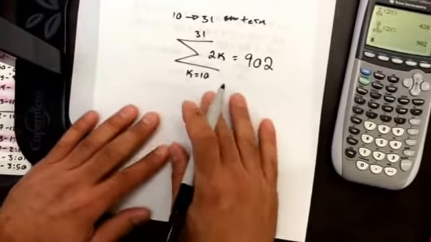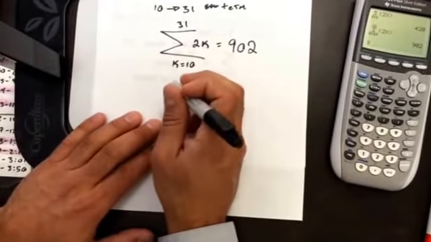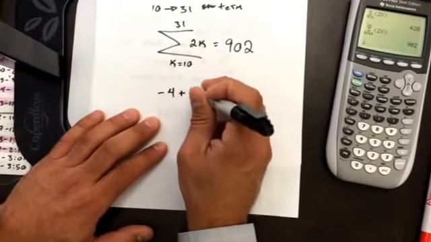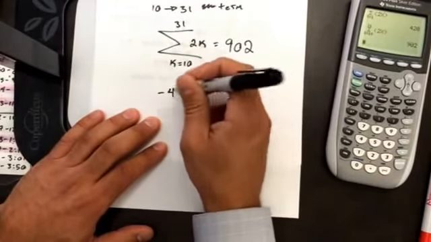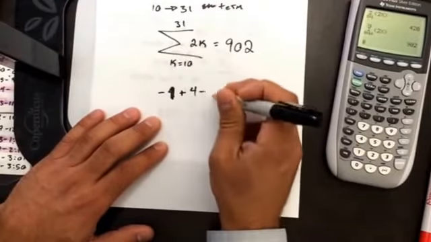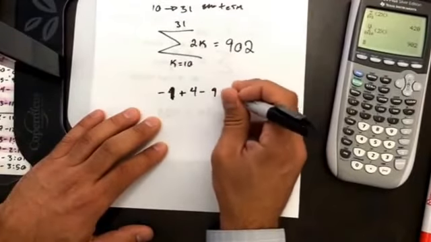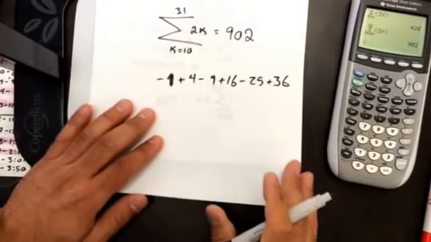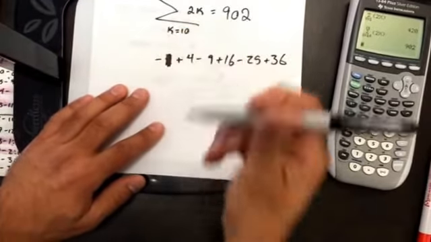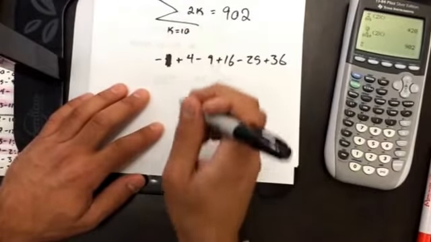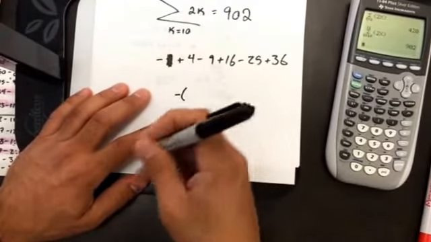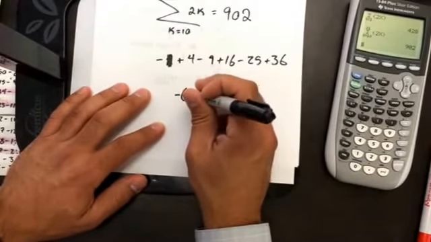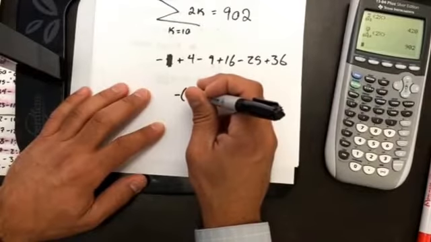We can do this for anything, and that's really as simple as it is, okay? Now sometimes they'll ask me to write the rule out when they give me values that change from negative to positive. Oh, I wanted this to be a 1. 1, negative 4, 9, negative 16, 25, negative 36. Okay, so I'm going to look at this, and what's happening here is I have negative whatever number is in the series. So for this we're going to use k because that's what the book uses, and I want to be consistent.